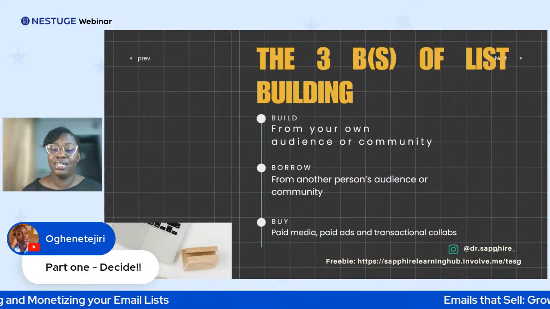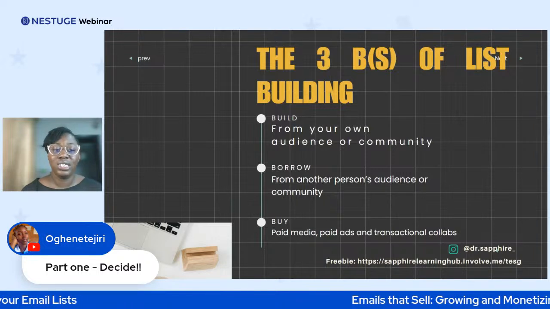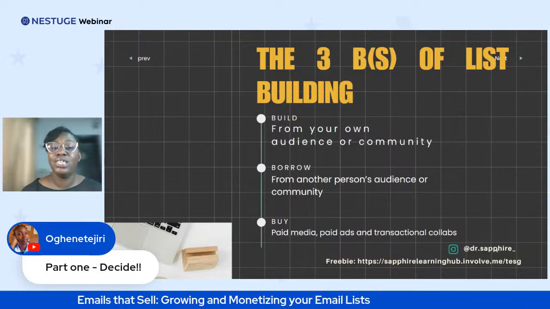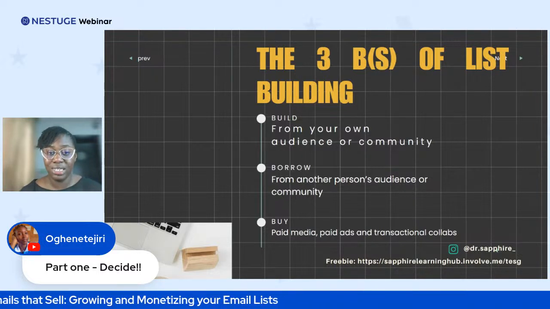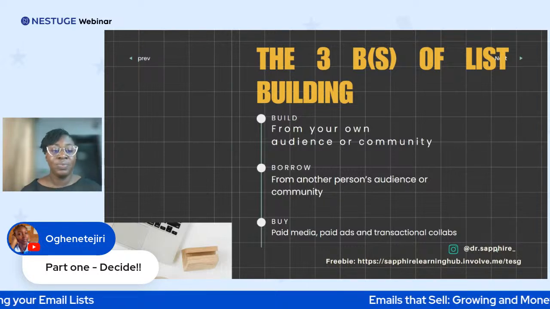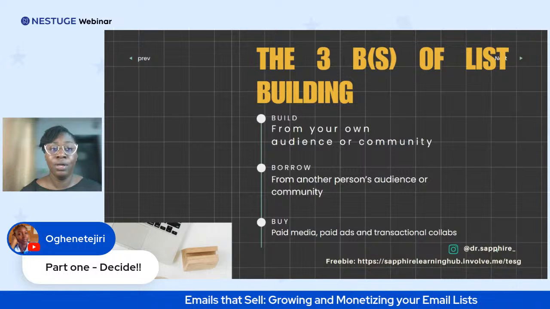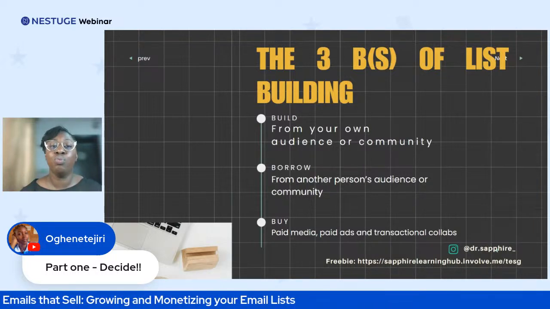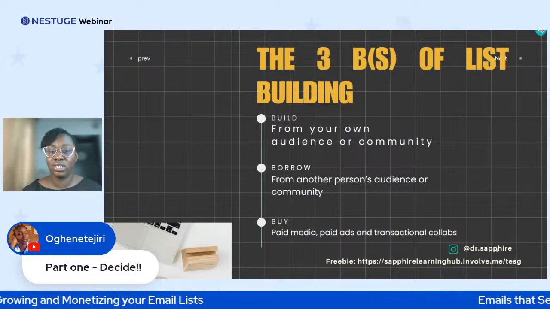Where is my largest group of followers? You decide where they are. Can I do a campaign, or can I plan to make a weekly post that redirects them back to my email list? Those are things you want to ask yourself to ensure that you are not just saying you're doing email marketing and building your list, but you're actually promoting your lead magnet so people are signing up.